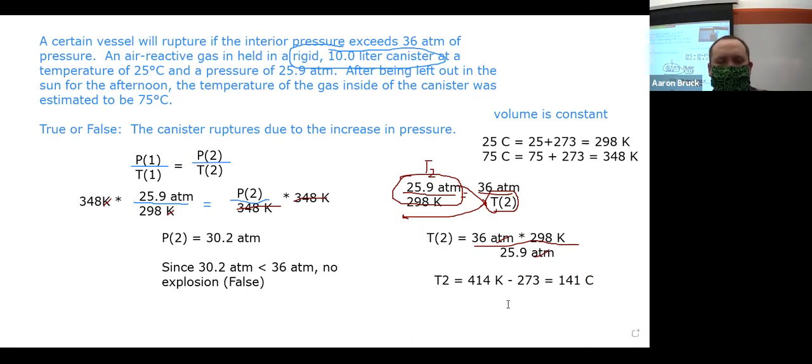We'd arrive at the same conclusion. The required temperature is greater than the actual temperature. So the answer to the question would be false. But this would be a secondary way to do it.